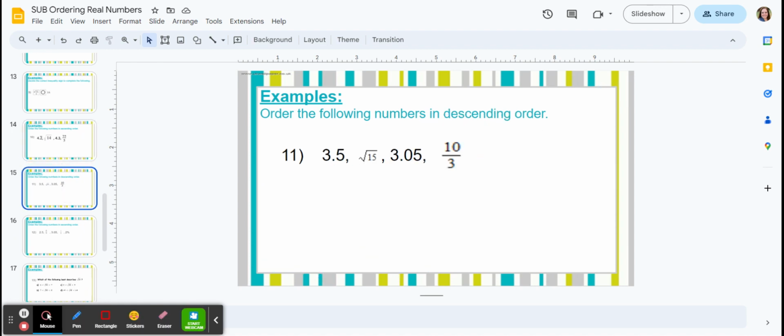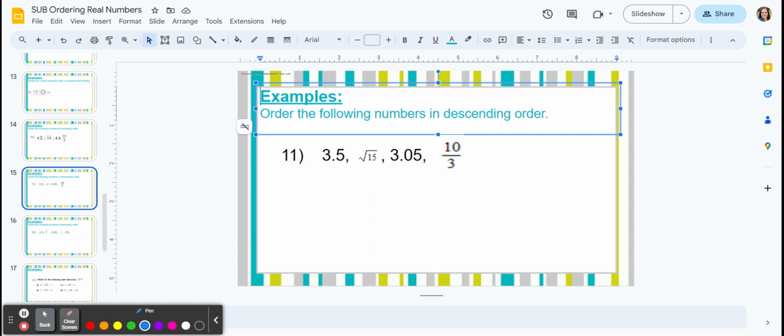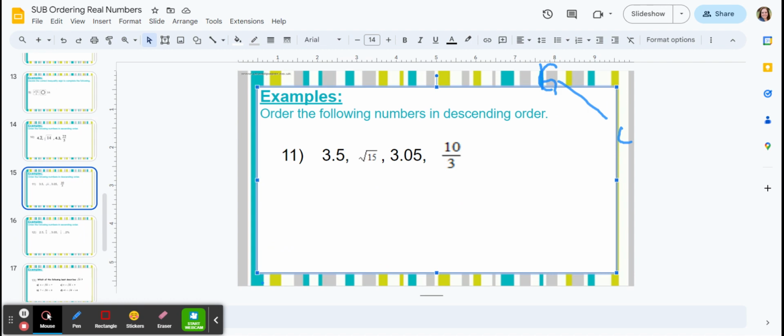Okay, next one is descending order. So descending order, right? So I'll go from highest, greatest to least. Okay, so again, we want to put them all in decimal form. So when we do that, we want to make sure that we have them all equal in terms of format.